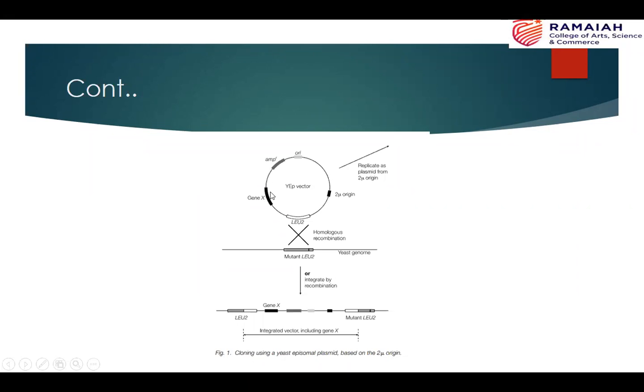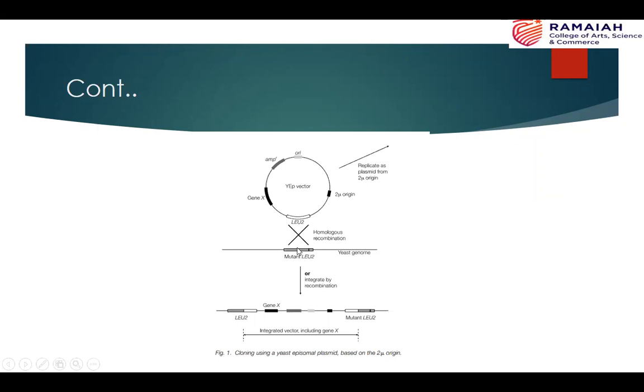So this 2-micron plasmid vector, or yeast episomal plasmid, can replicate as a plasmid from the 2-micron origin, or otherwise it can integrate into the yeast chromosome. When you take the auxotrophic mutant of the yeast strain, there is a mutant LEU2 gene.